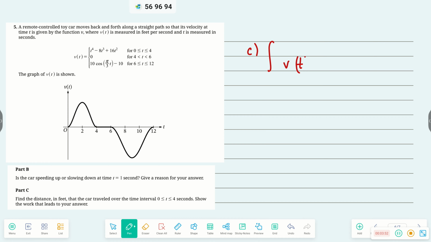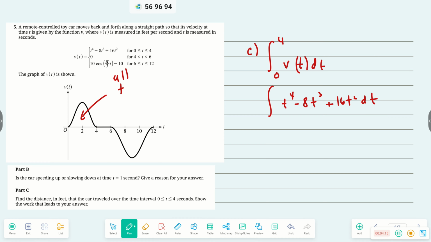However, because I can physically see that it is positive, the absolute value is just not necessary. So I'm going from 0 to 4 of t to the 4th minus 8t to the 3rd plus 16t squared dt.